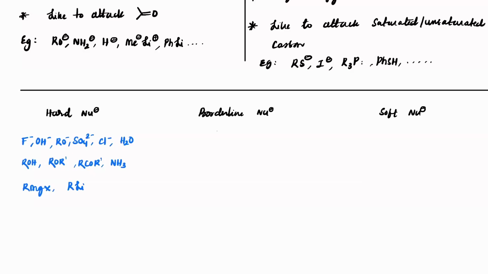Next, borderline cases. They give both and are highly temperature sensitive. So CN minus, primary amine or secondary amine like this, or Br minus and so on.